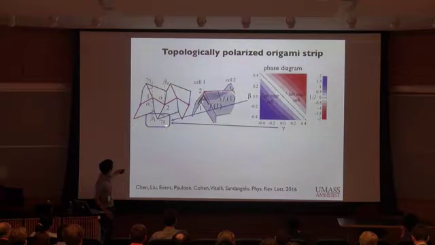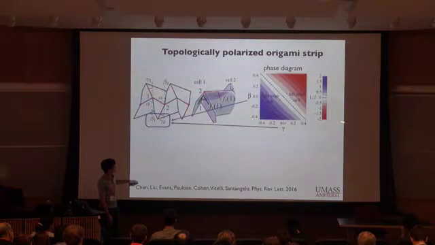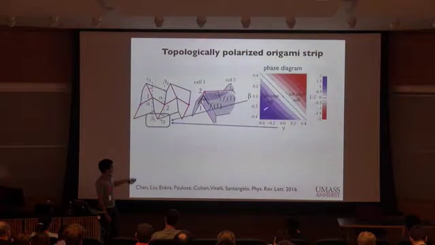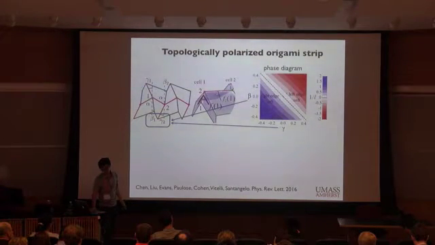Beta and gamma are 2 different angles that we have in the system, and the 2 phases correspond to the 2 different topological states. Remember that the polarization counts the number of floppy modes or the degrees of freedom on different sides of the system. So in this simple structure, it just tells us whether the right edge of the system is soft or the left edge is soft.